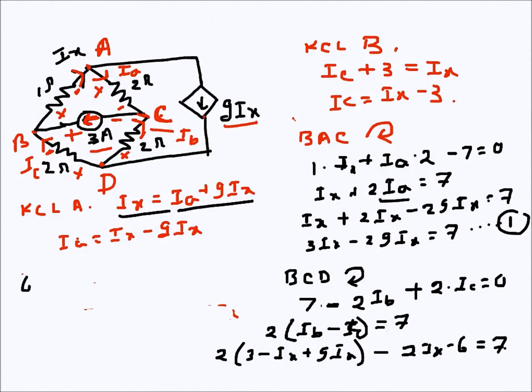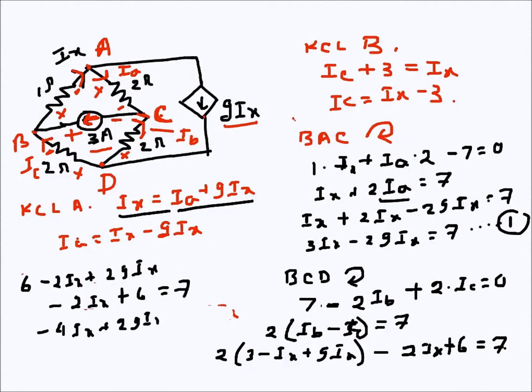So that's becoming 6 minus 2Ix plus 2Gix minus 2Ix minus 6 is equal to 7. Actually this should be a plus because that was a negative. So it's becoming minus 4Ix plus 2Gix, and this 12 going on the other side, so 7 minus 12 is minus 5. So yeah, that's equation 2.